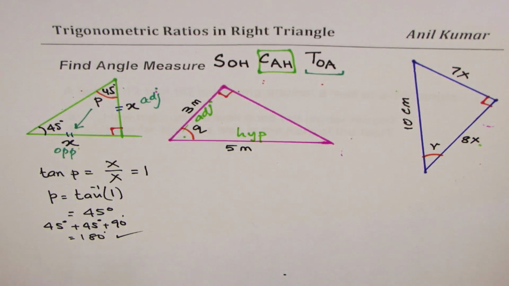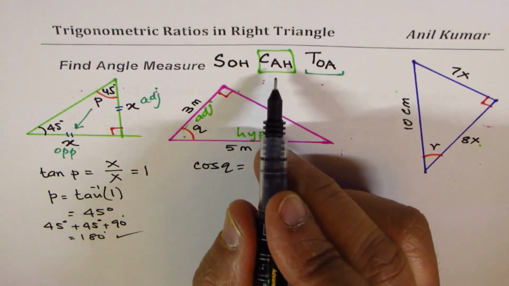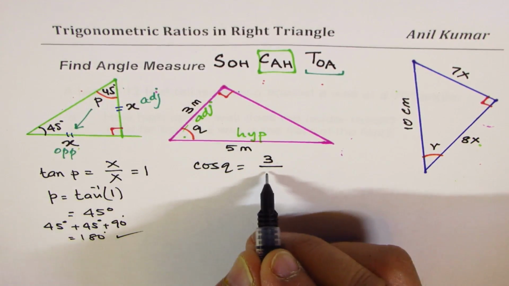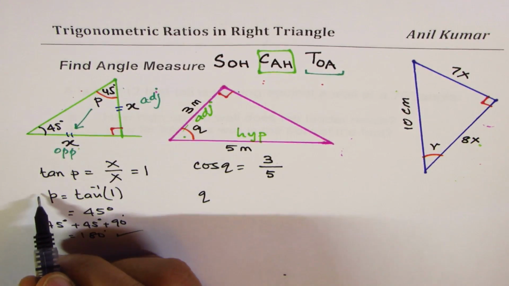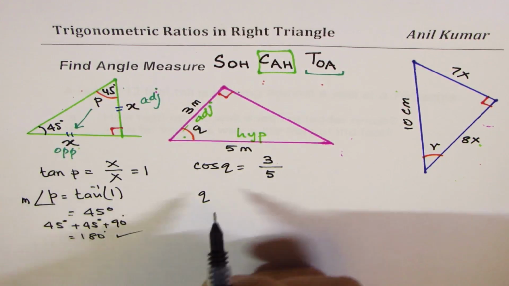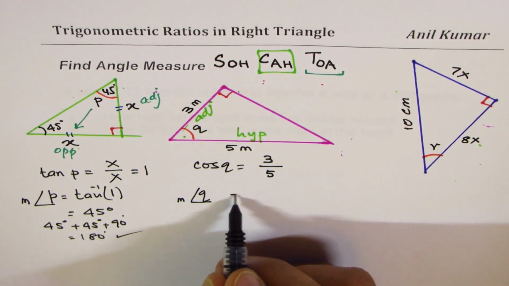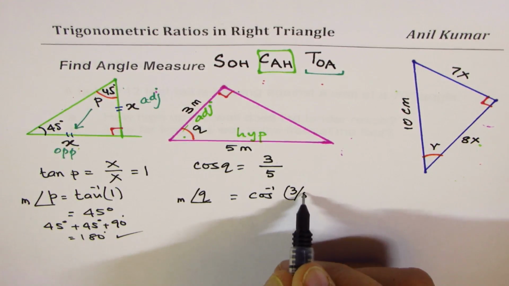So in this case, we will use cos of Q equal to the adjacent side, which is 3 meters, over the hypotenuse, which is 5. And therefore, the measurement of angle Q, as some will write, is equal to cos inverse of 3 over 5.